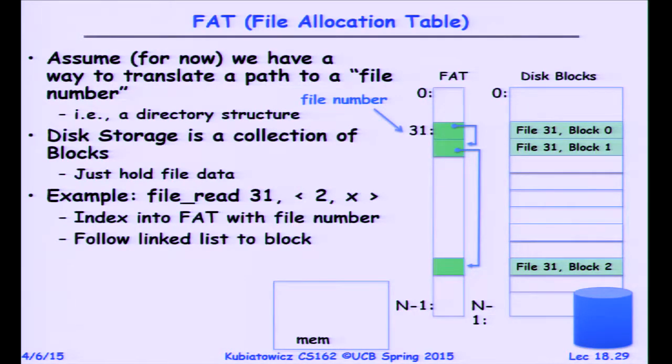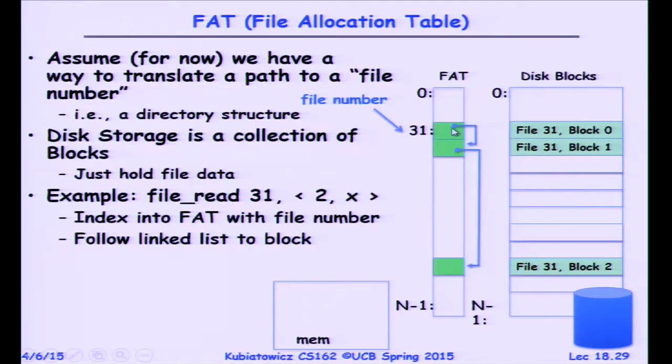Yeah, go ahead. Why does the FAT table have that separation between the second and third? Oh, well, notice that the FAT table basically has one entry for every disk block. And so the fact that the blocks on disk are separated means that the links in the FAT table end up being separated.